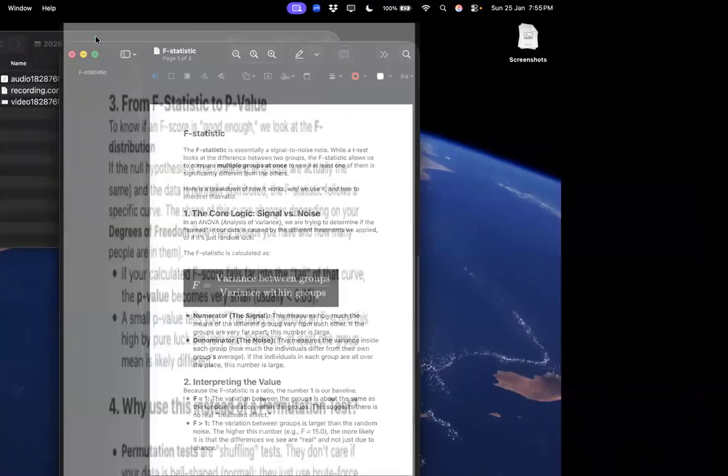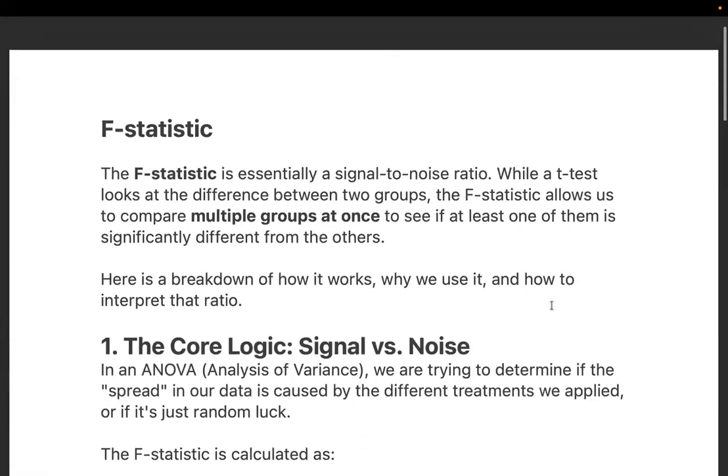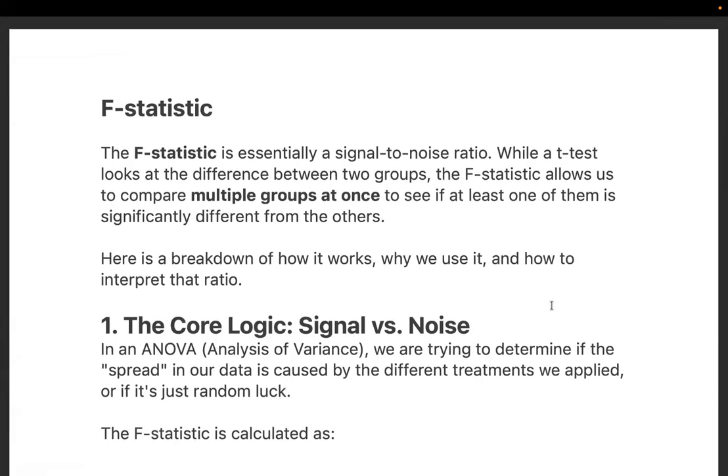Let's talk about the F-statistic. So now the F-statistic is essentially a signal to noise ratio. Just like you saw, is it due to this treatment, which is signal, or just due to random noise? So this is basically a signal to noise ratio.